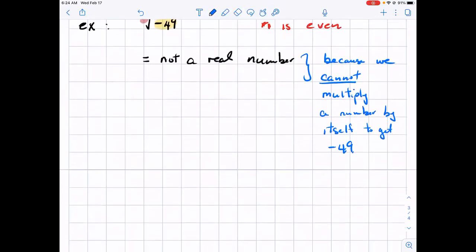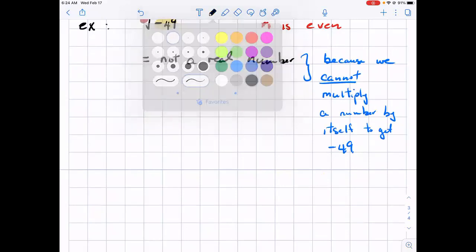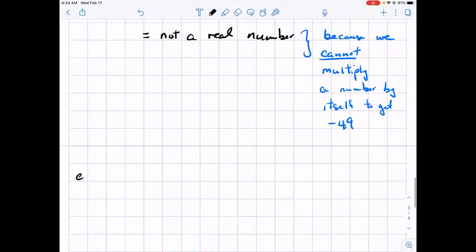On the other hand, if n is odd, then we don't have that problem. If we look at n being odd, such as the cube root of negative 8, then this here is equal to negative 2.